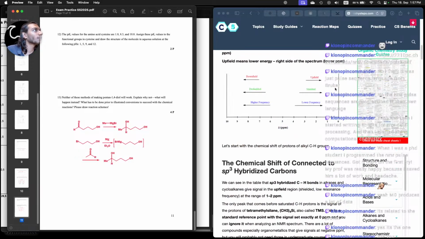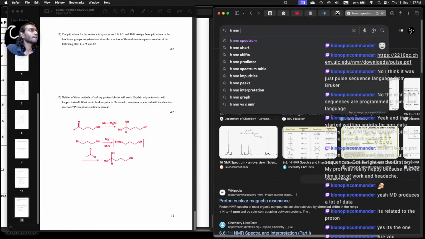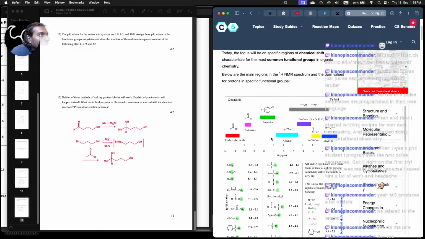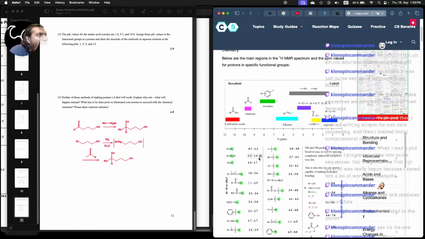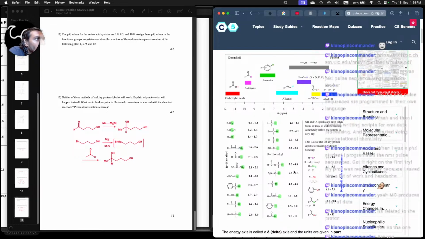Okay, important chemical shifts. That's a secondary carbon.